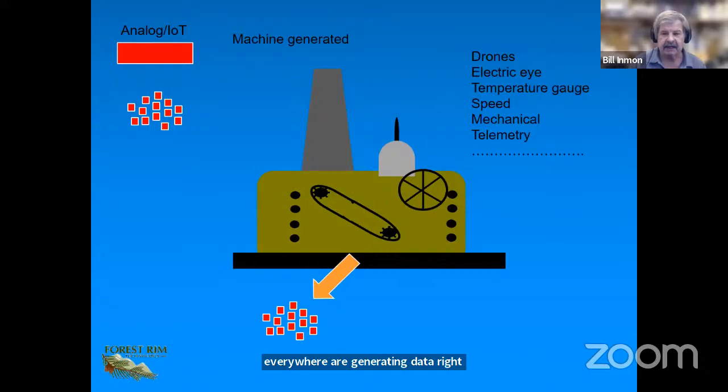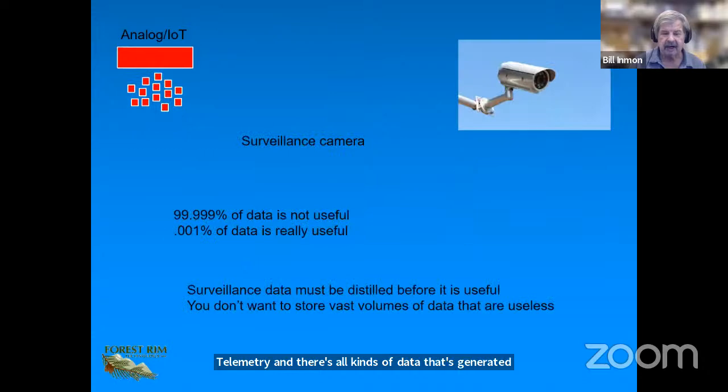We have things like drones, electric eyes, temperature gauges, speed recognition, mechanical monitors, telemetry, and there's all kinds of data that's generated by machines. Now, in order to understand the analog data, you need to think for just a second as if you were a surveillance camera.